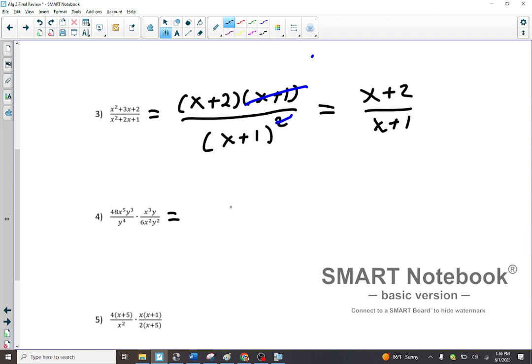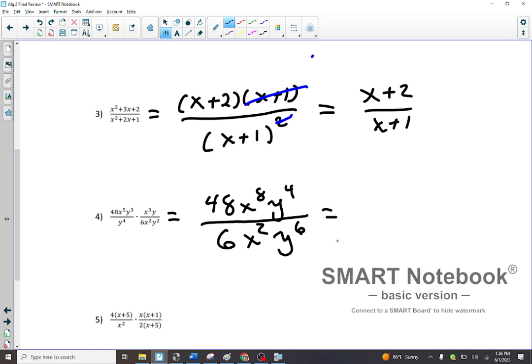I'm going to combine like terms. So 48, x to the 8th, y to the 4th. So I multiply the top. Then I'm going to do the bottom. 6, x to the 2nd, y to the 6th. Remember, when you multiply exponents, you add them.